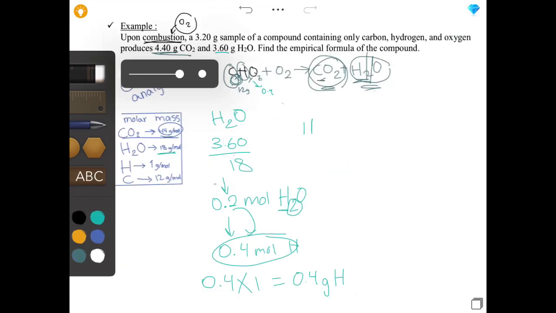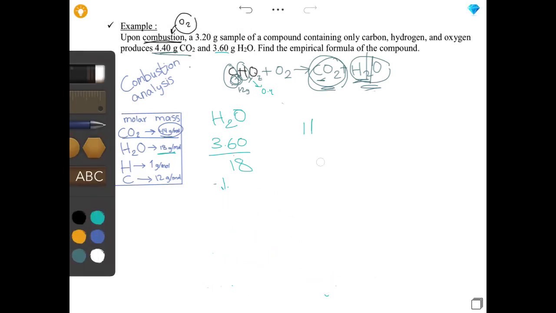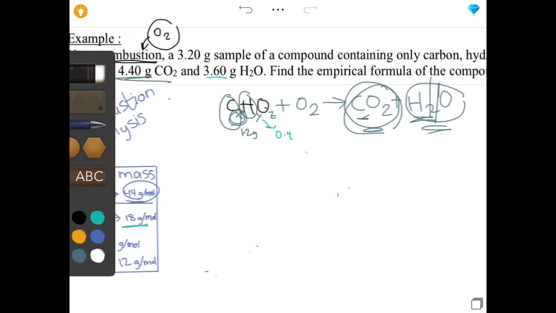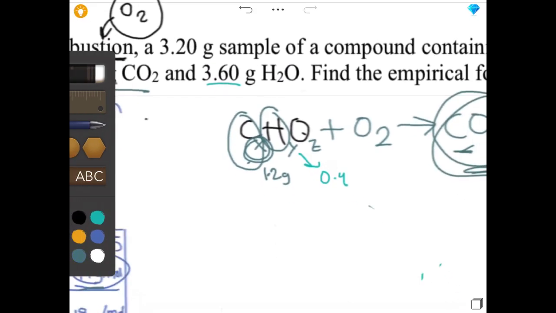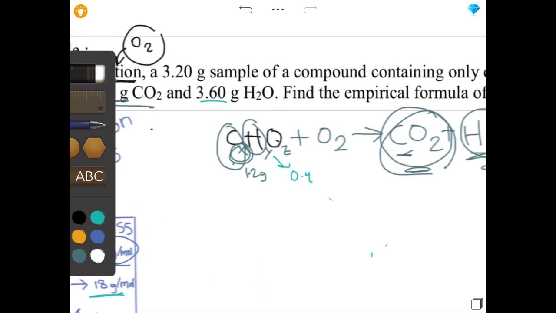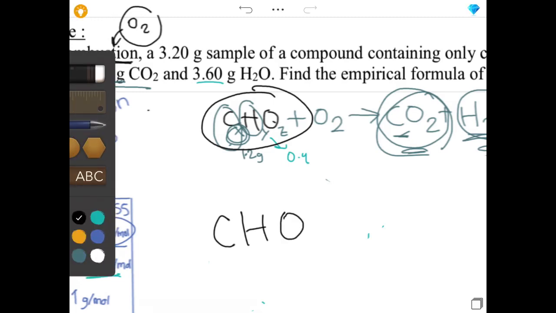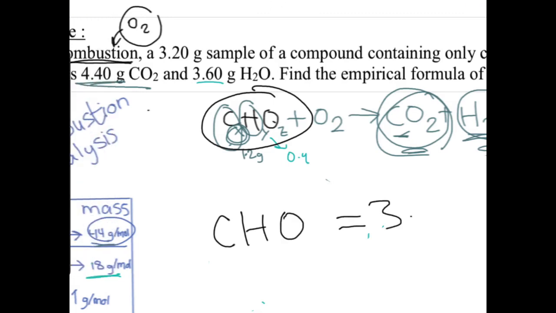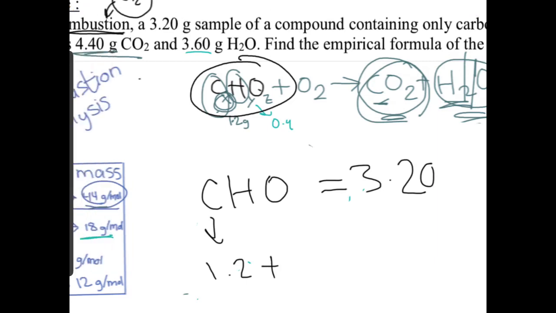Now you say, what about the oxygen? After you found the mass of C and the mass of H, remember the question says it's the sample of the compound, all the sample. So C, H, and O together equal 3.20. You know C is 1.2 and hydrogen is 0.4, as we found.